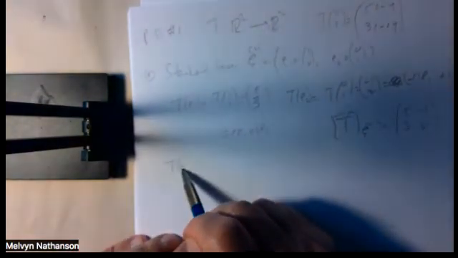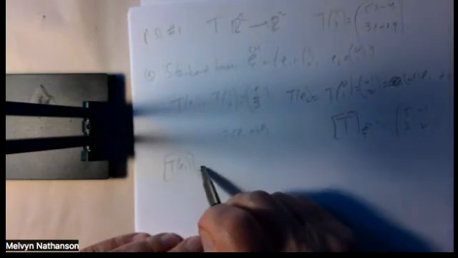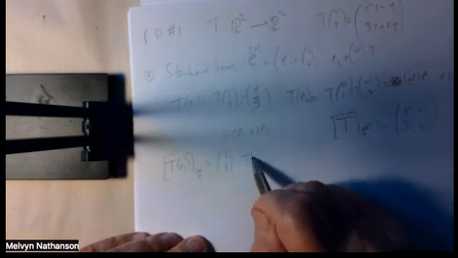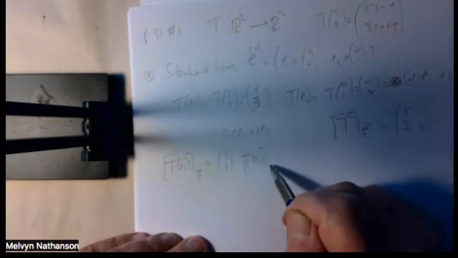If I take T of E1, the column vector for that with respect to this basis is (5, 3). If I take T of E2, the column vector is (minus 1, 2). And these give me the two columns of my matrix.